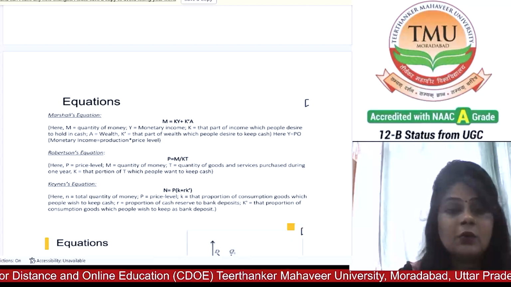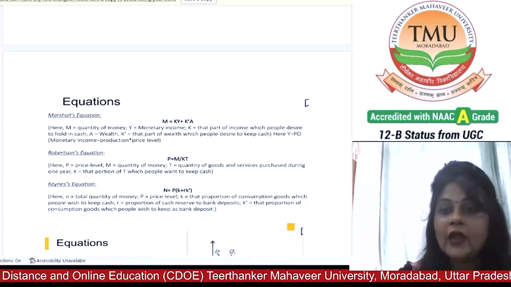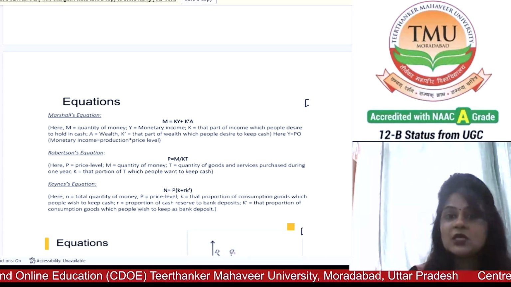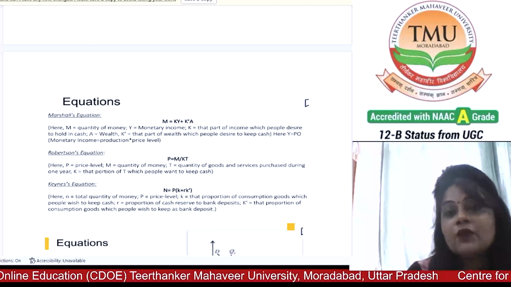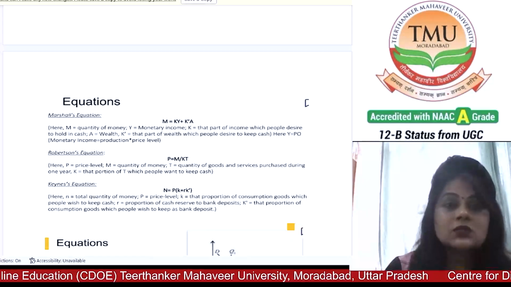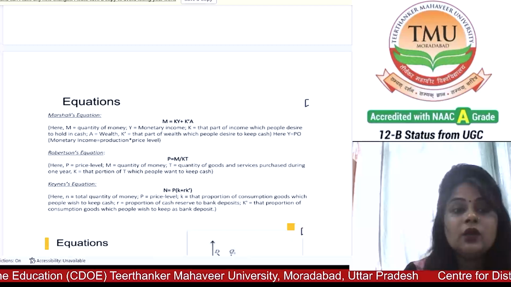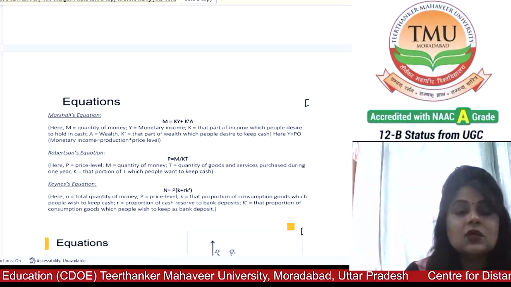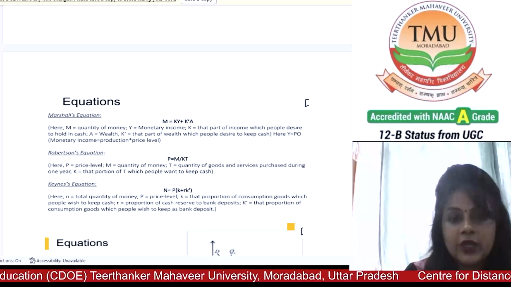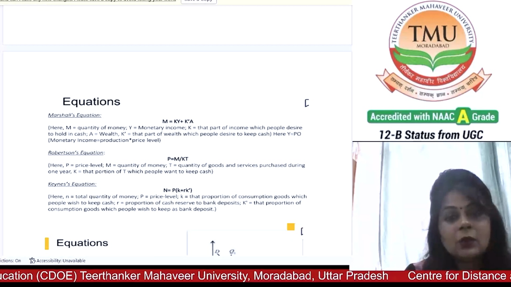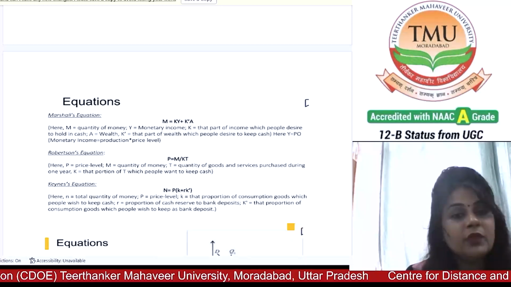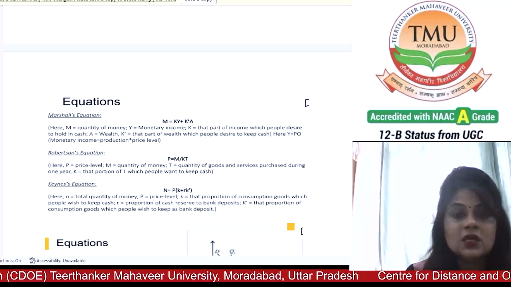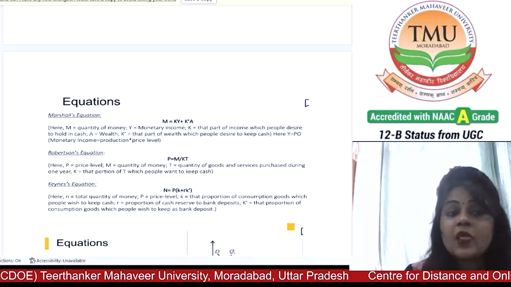Marshall also says that holding of money involves a sacrifice, because when we hold money, we spend less. To have too little money may mean inconvenience. To have too much may mean unnecessary holding.